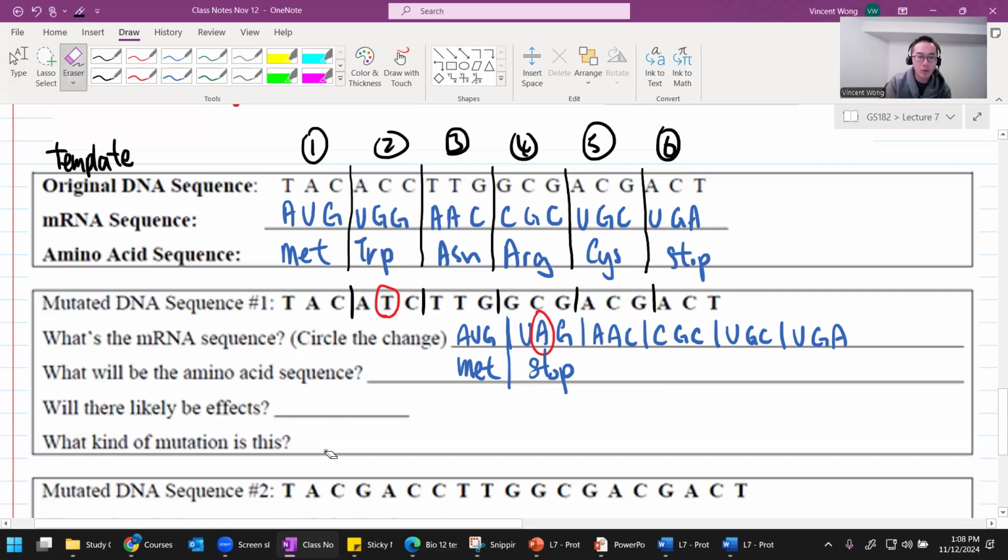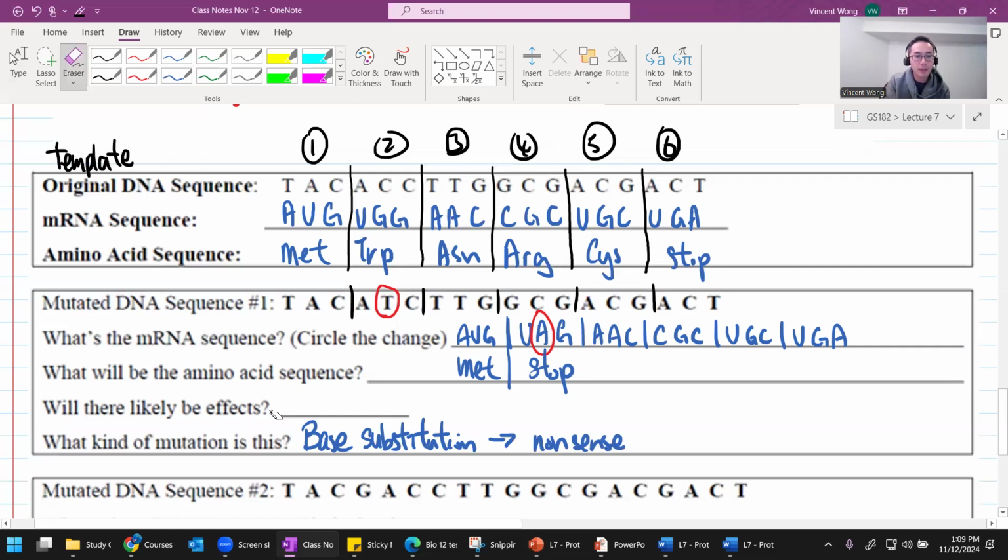What kind of mutation is this? We'll talk about the effect in a second, but how would you name this mutation? That's right. This is nonsense, right? Caused by a base substitution. Base substitution, and then nonsense.